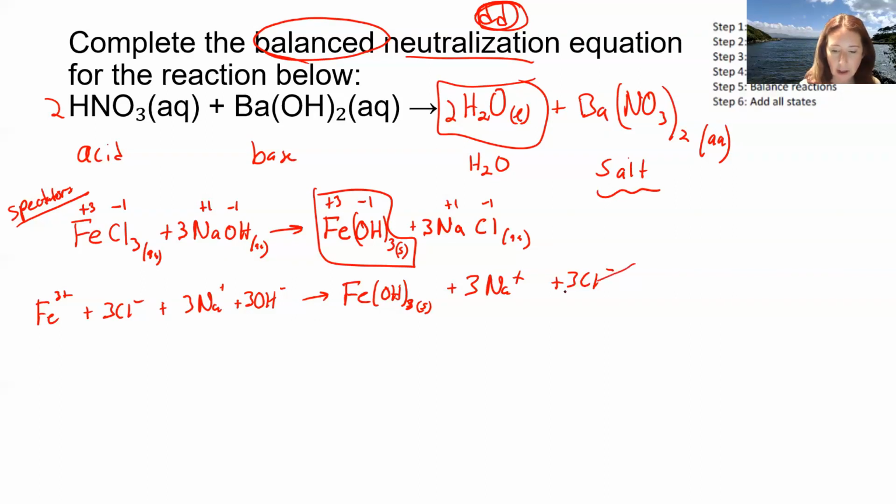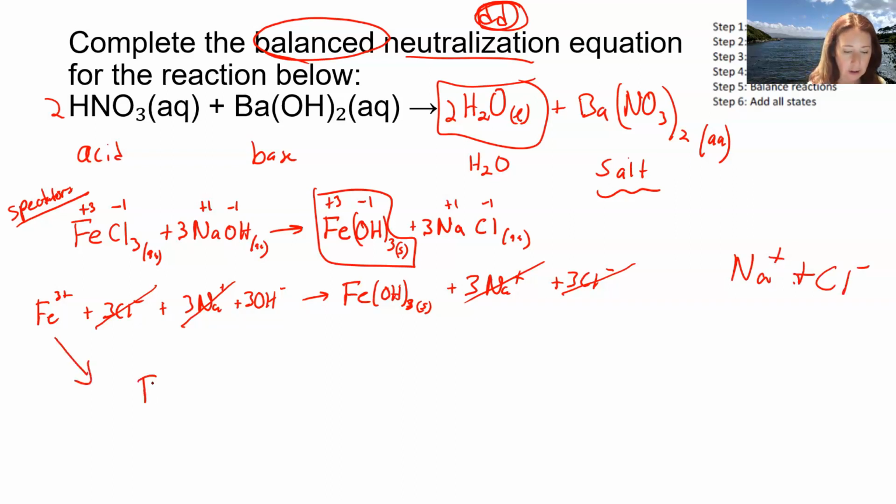Then we cross off everything that is the same. What we just crossed off, those are the spectators, right? So our spectator ions here would be Na plus and Cl minus, right? If we want to do our net ionic, we just bring the rest down.